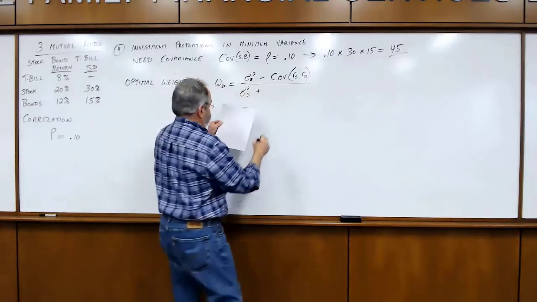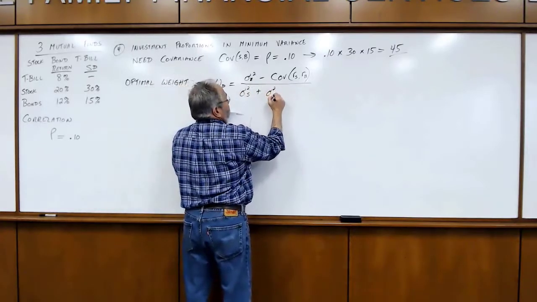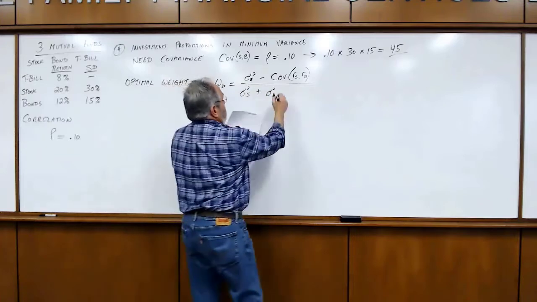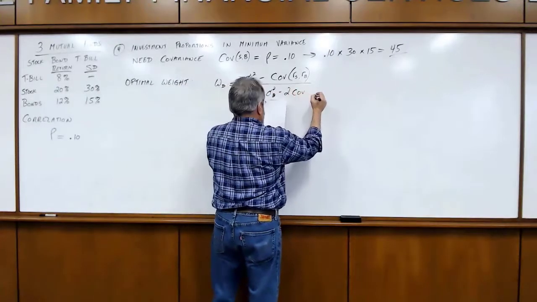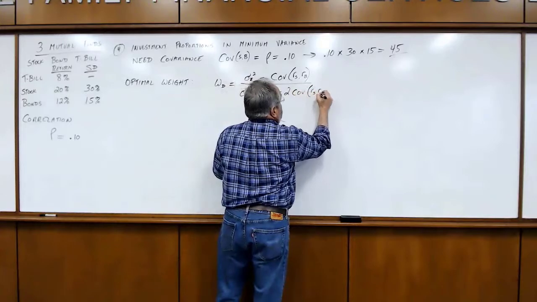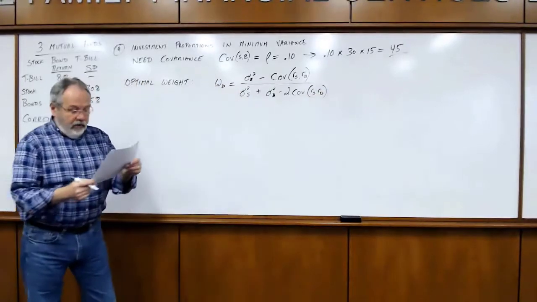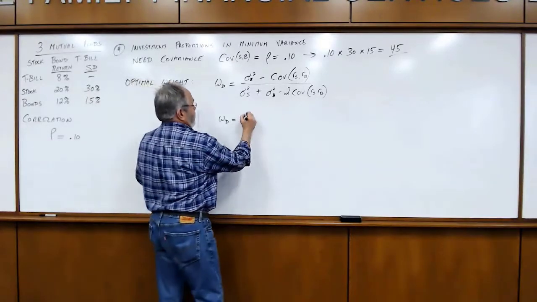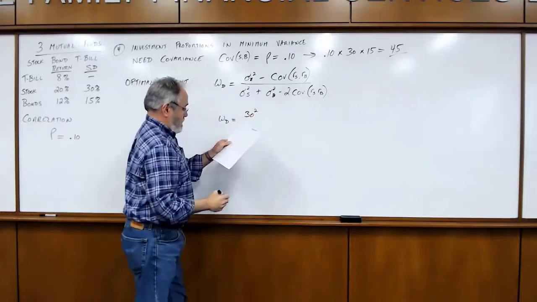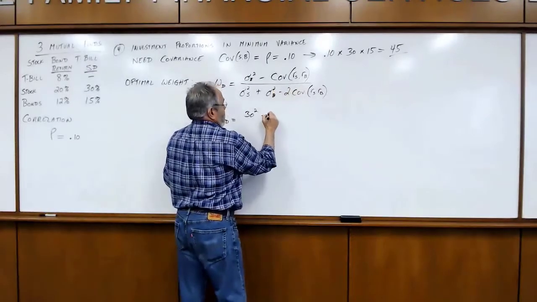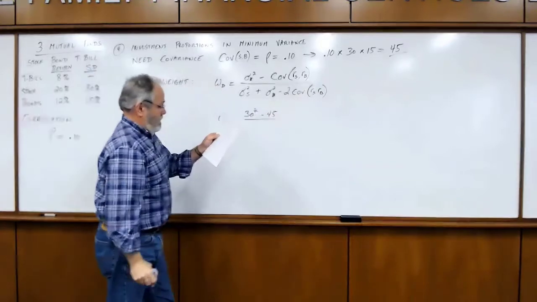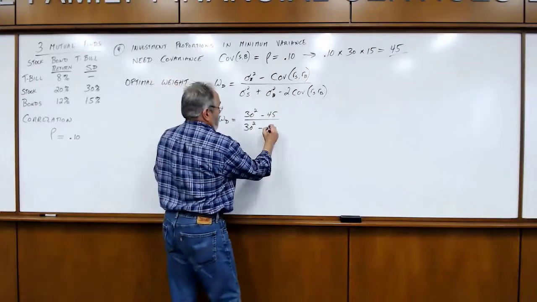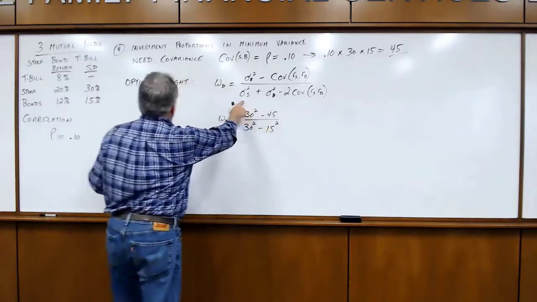Variance of the stocks, variance of the bonds, okay? That's a formula we use. Weight in debt: 30 squared minus 45, over 30 squared, 15 squared, right?